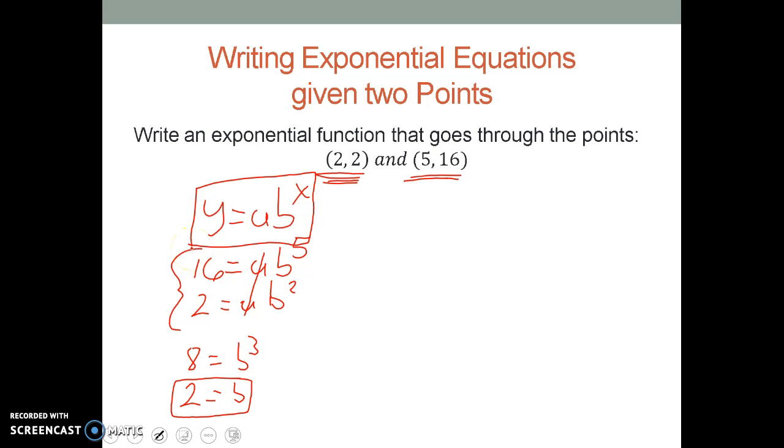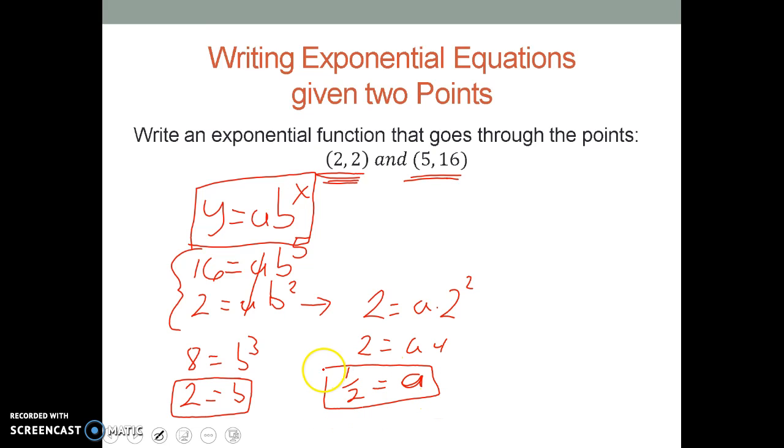Then I want to figure out what my a value is. So I'm going to take maybe the second equation. That is 2 equals a times b, which now I know is 2 to the 2nd power. Well, 2 to the 2nd power is 4. If I divide both sides by 4, then my a value is going to be 2 over 4, which reduces to 1/2.